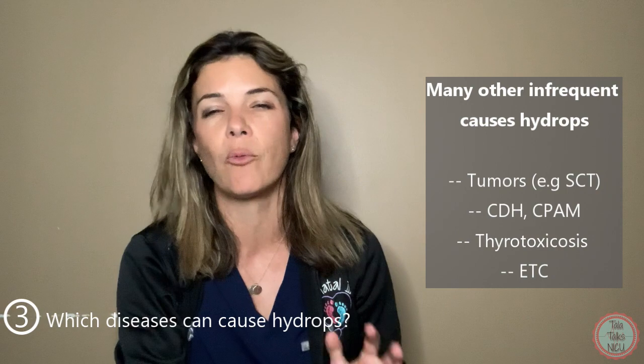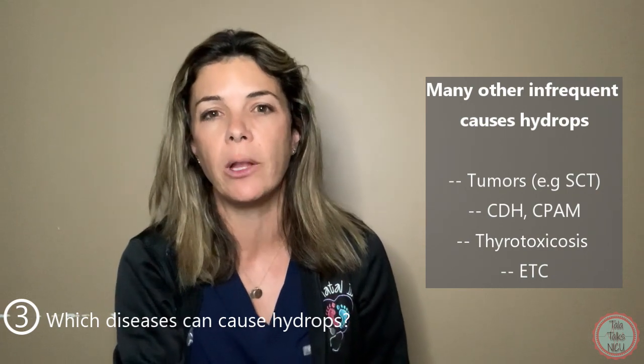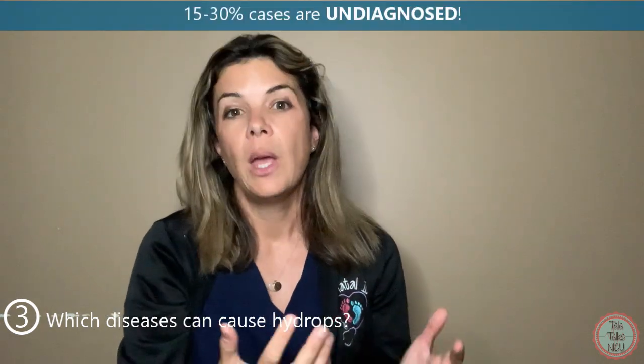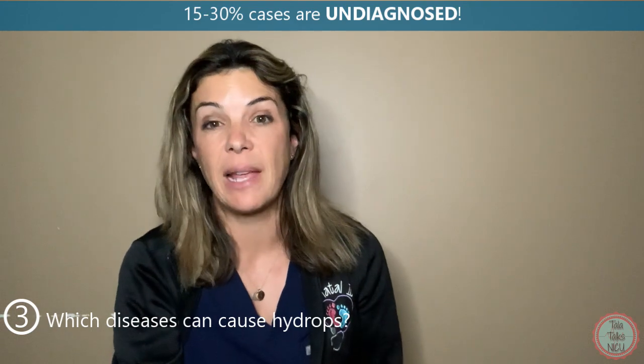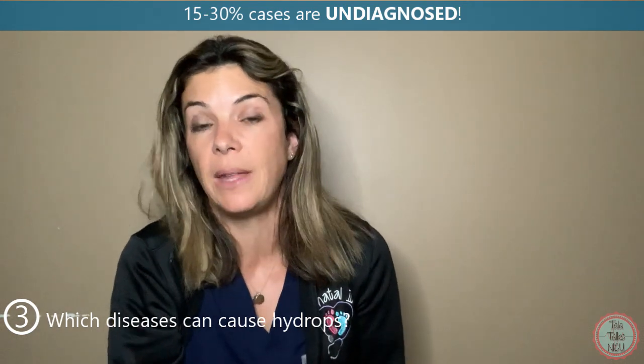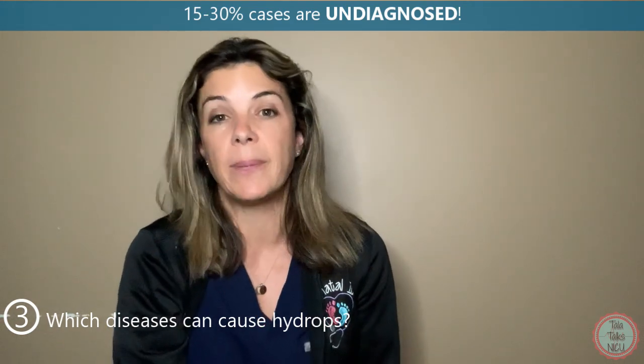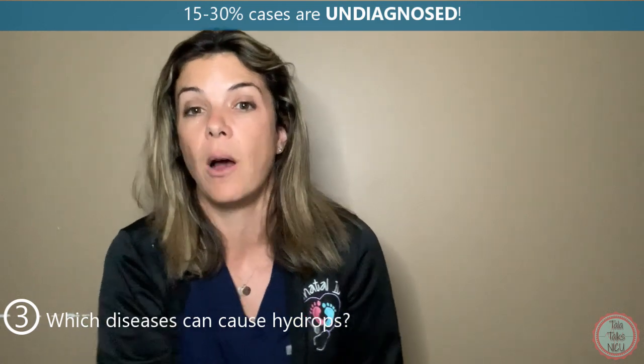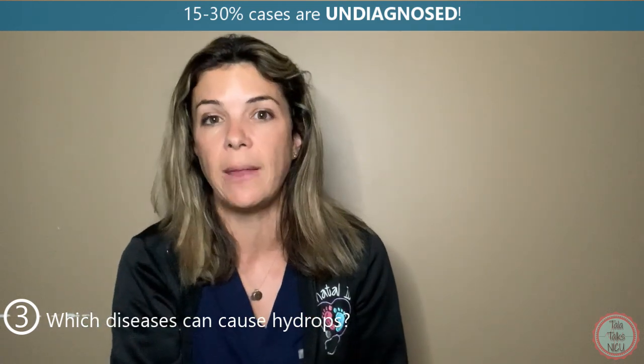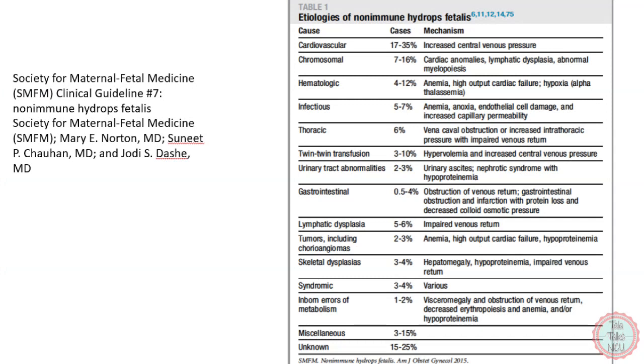So if a baby has a really, really high thyroid level, then that can end up with hydrops as well. And then in about 30% of the cases, we just never find the diagnosis of the hydrops. Sometimes the babies will just get better after birth, and sometimes, unfortunately, they just don't make it. And despite all the testing that we do, we never really find an etiology.